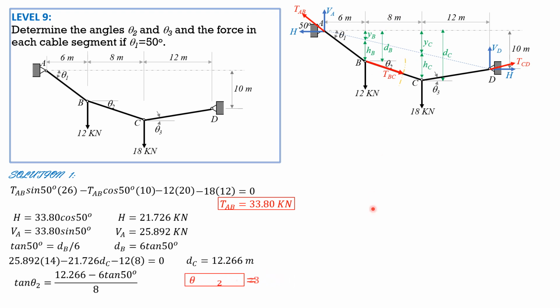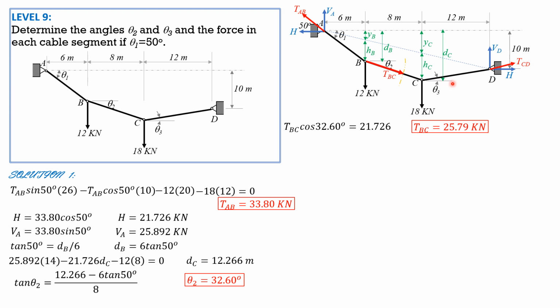So theta 2 is equal to 32.60 degrees. Then the tension in BC can be found. The horizontal component of tension BC, T sub BC cosine theta 2, equals H. So tension BC cosine of 32.6 degrees equals 21.726, H. So tension BC can now be computed. It is equal to 25.79 kilonewtons.